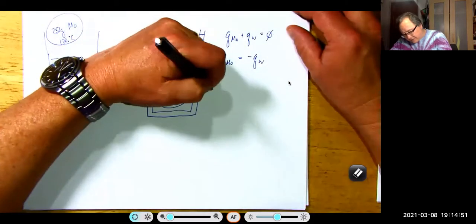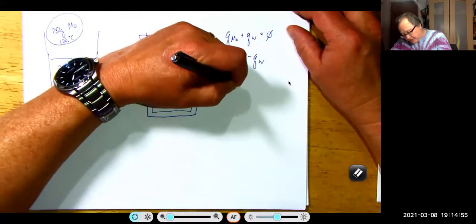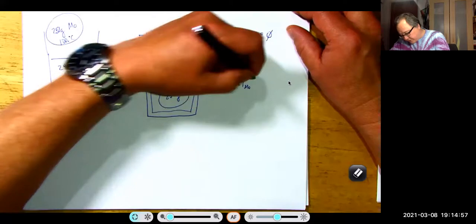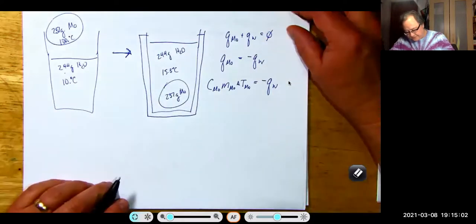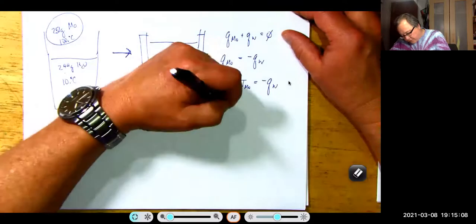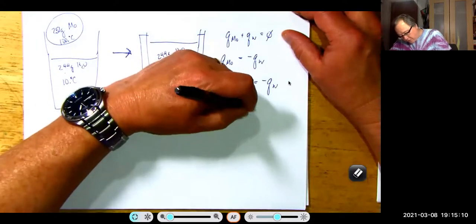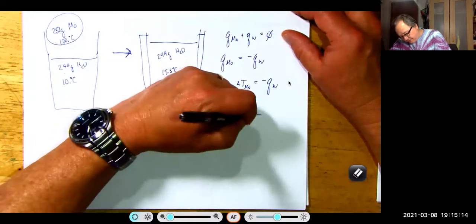C of the molybdenum, mass of the molybdenum, change in T of the molybdenum is equal to negative Q of the water. And specific heat capacity of the molybdenum is equal to negative Q of the water over the mass of the molybdenum, change in temp of the molybdenum.